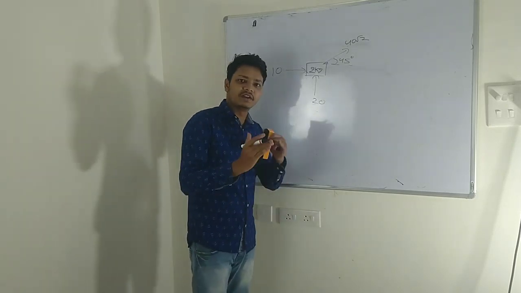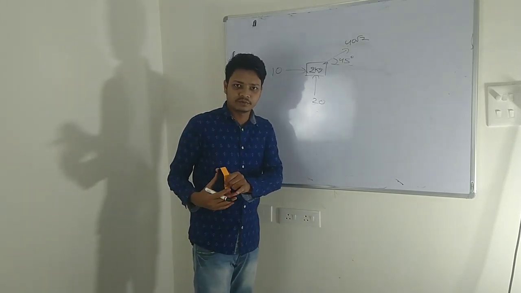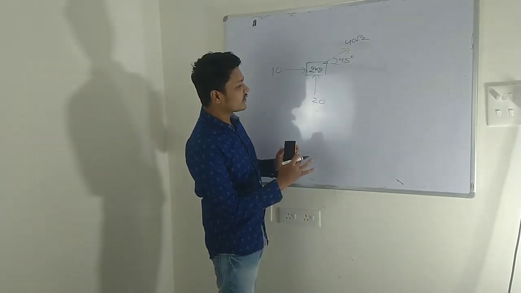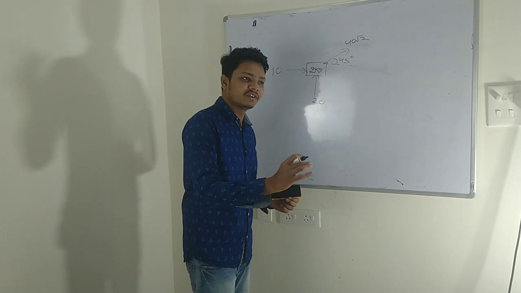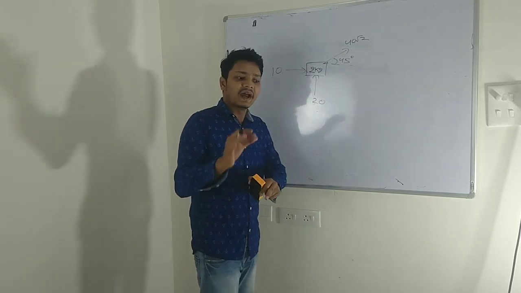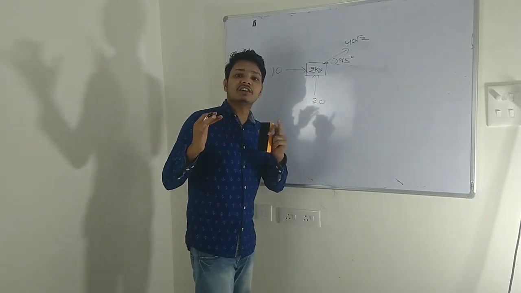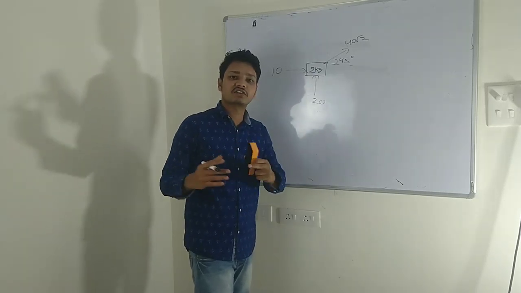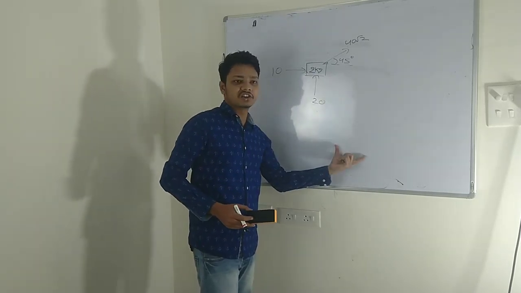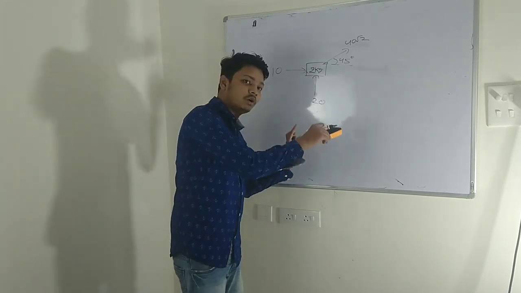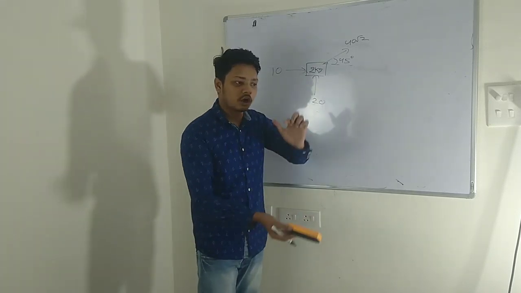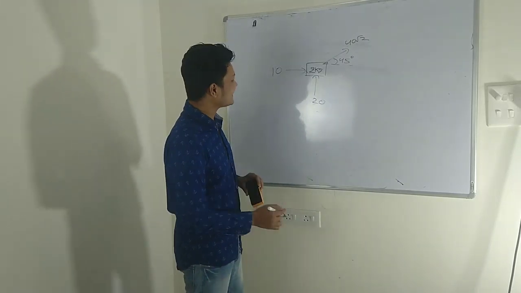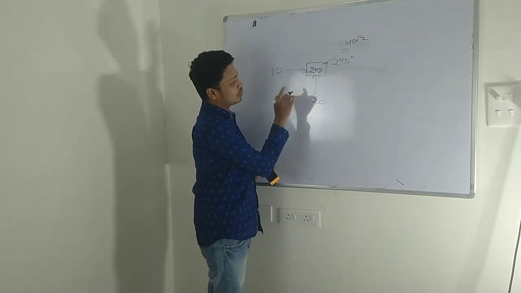The process is the same in all Newton's law problems. First, draw the free body diagram. After that, use F is equal to ma. If there is any constraint equation, which I will discuss after some time, write the constraint equation and F is equal to ma all together, solve them, and you will definitely get your answer.